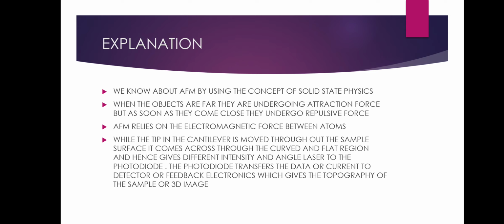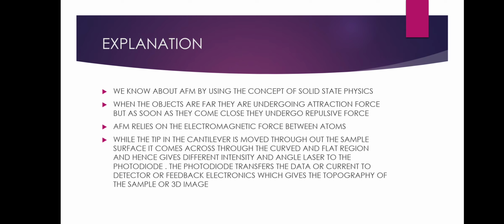Now, whatever I explained in the previous slides, these are just the write-up of those. So you can see AFM uses the concept of solid state physics. When two objects are kept at a farther distance, attraction force is there, and when they come close, repulsive force takes place.